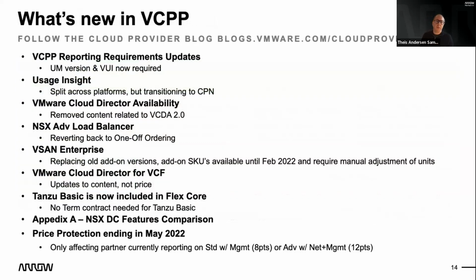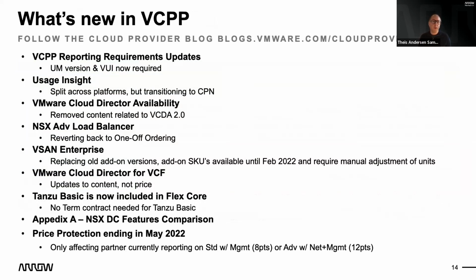So a lot of new things are happening in the program, a lot of changes. This is mainly to the product usage guide, and if you don't know what that is, I'll cover that in just a second. But this is taken directly from this document, where they keep all the information about different products and how they're calculated.